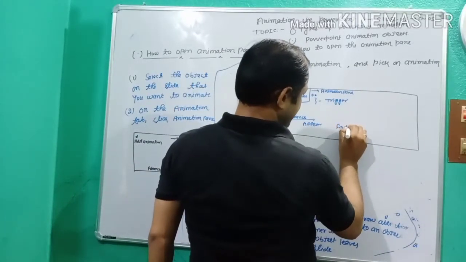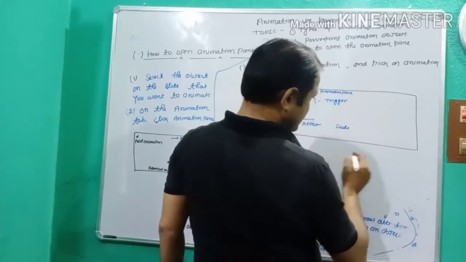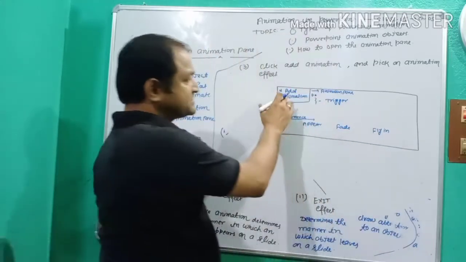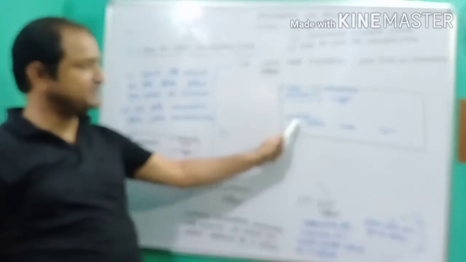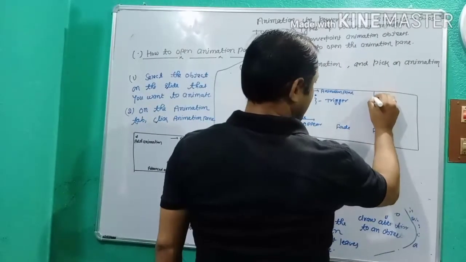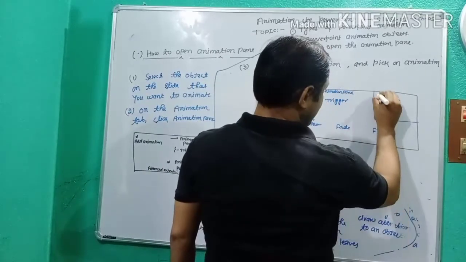Fade, and there are many such options available. Fly in. So you just add the animation, and you can do the advanced entrance animation. Just as examples: appear, fade, fly in.